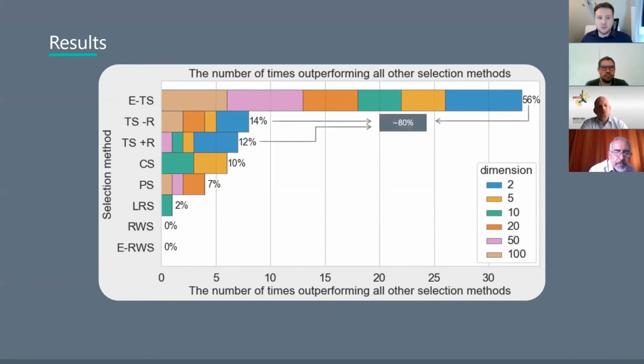If we look at the tournament selection methods as a group, we see that they outperform all other selection methods approximately 80% of the time. So from this, we can say that for the benchmark function instances implemented in this thesis, the tournament selection ones perform best, and elitist tournament selection is the best. And the keen eye might notice that this does not add up to 80 because of rounding.